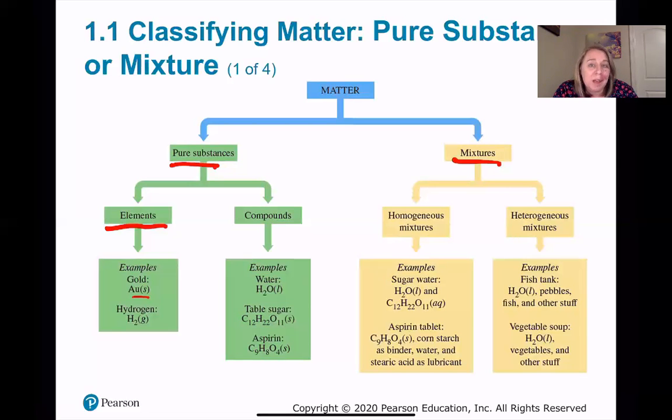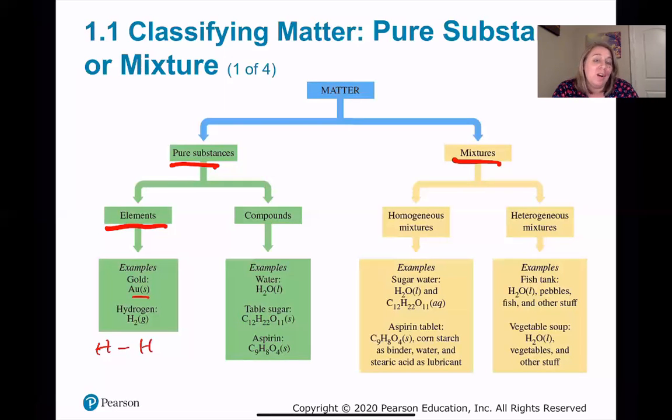Now, some elements on the periodic table in their natural states will bond to themselves. For example, hydrogen gas bonds to itself. So you have hydrogen bound to a hydrogen with a covalent bond. It's still all hydrogen. It's still all one thing. And that one thing is the same element, the same kind of atom.